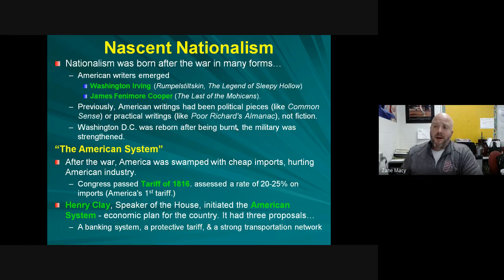But because we look to avoid international conflicts from this point forward, you're still not going to see a large standing army in the United States all the way up to the Civil War.